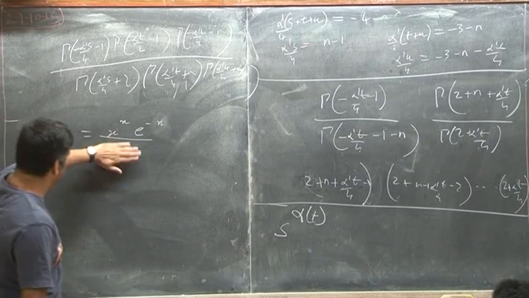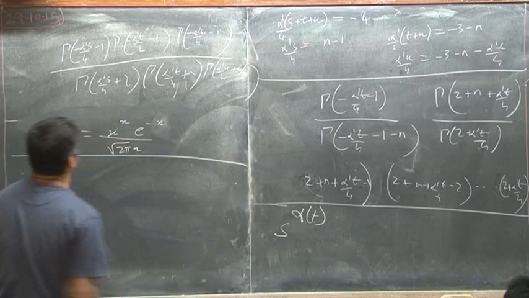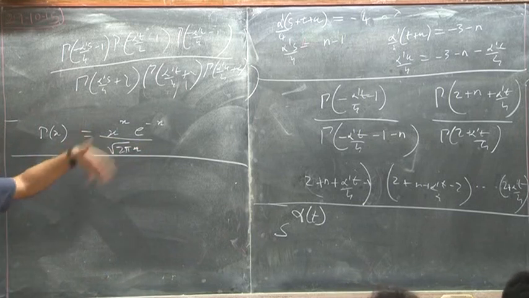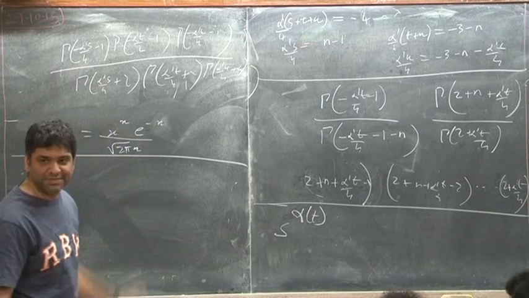Excellent. This will be the leading behavior for us. So now let's apply this formula and ignore these terms because there will be power law corrections, not in the exponent. We find that this term cancels with this term.